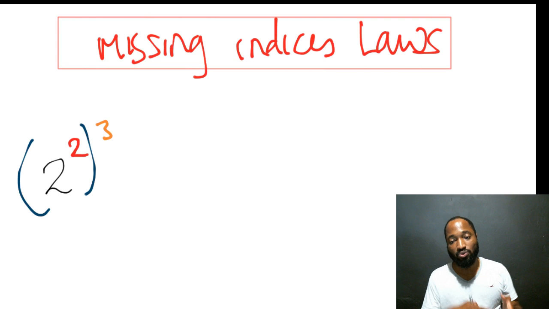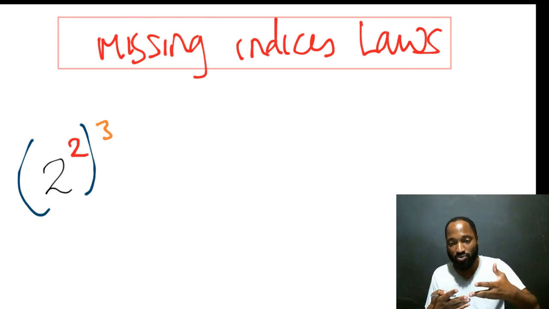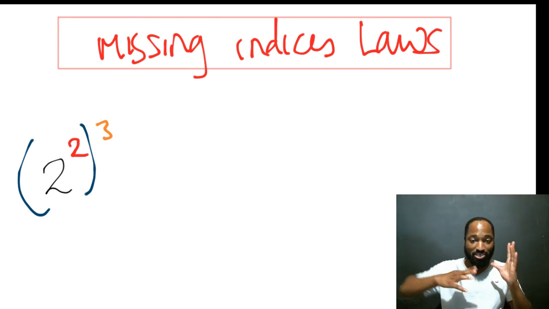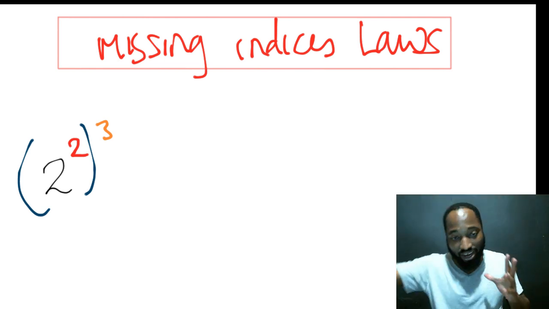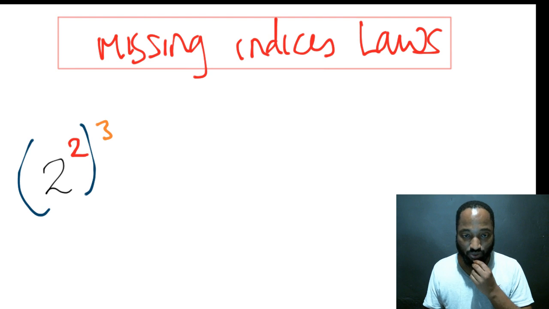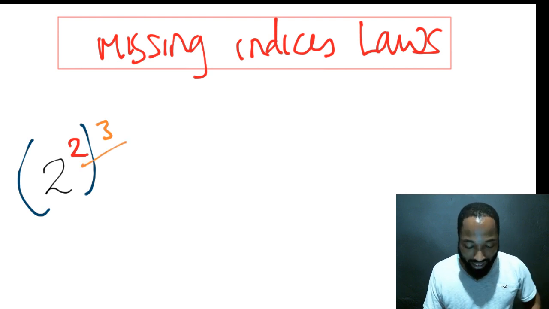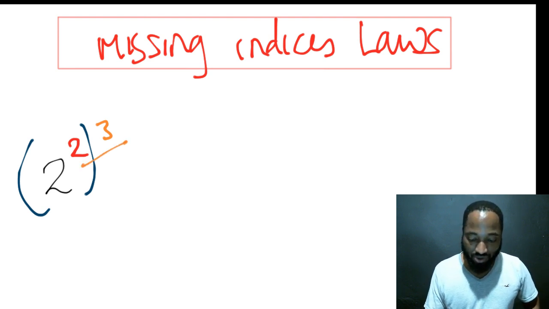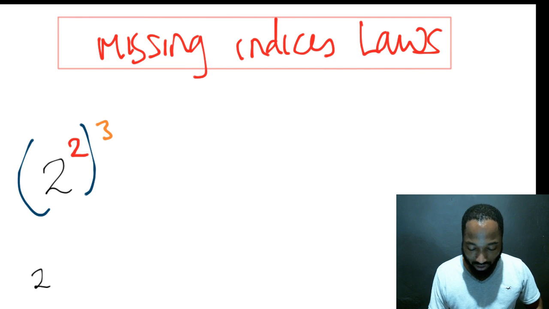Then I raise this whole thing to the power of 3 again. What does that mean? And what does that do? Do I add the indices like last time? Do I multiply them? What do I do? Well, you actually multiply them. The answer is 2 to the power of 6.